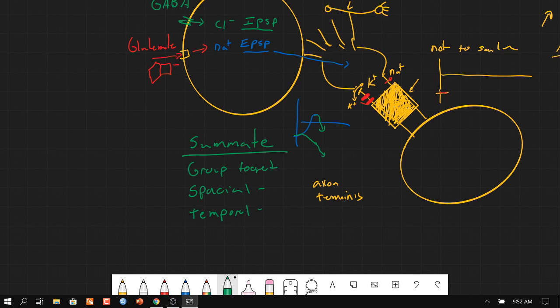Spatial summation is more than one spine getting the same stimulus. Spatial is over space. Spatial summation, more than one spine is getting the information. So what do you think temporal means? Yeah, frequency.